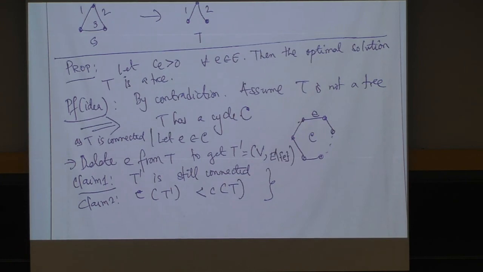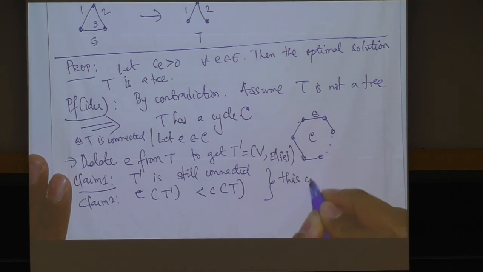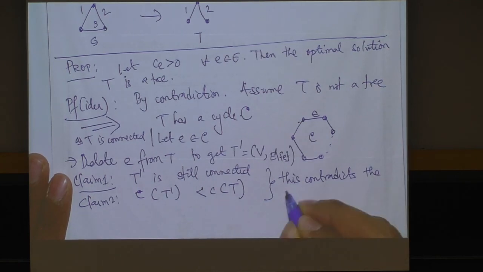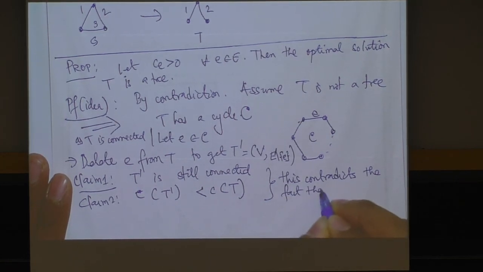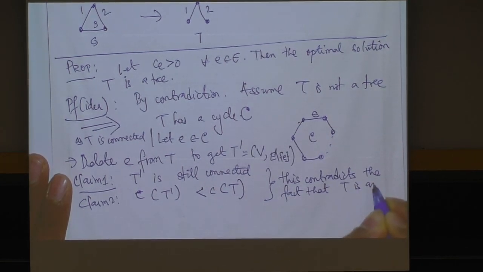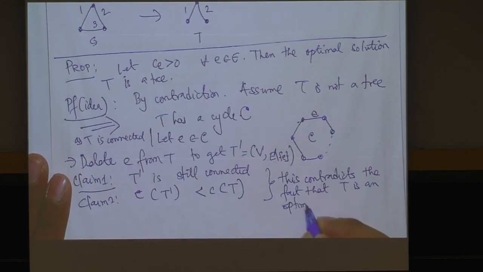It connects all the vertices, but its cost is strictly smaller than cost of T. And this contradicts the fact that T was an optimal solution.